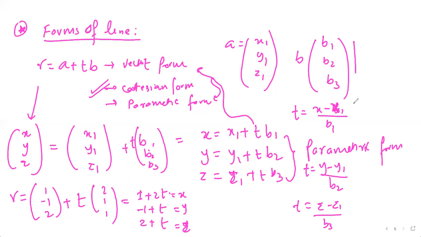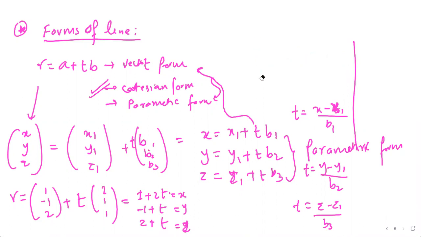Now, since my left hand side is the same for all of them, I can equate the right hand side. So my parametric form can be converted to Cartesian form by just one single step. I'll just equate the forms that I have got here.